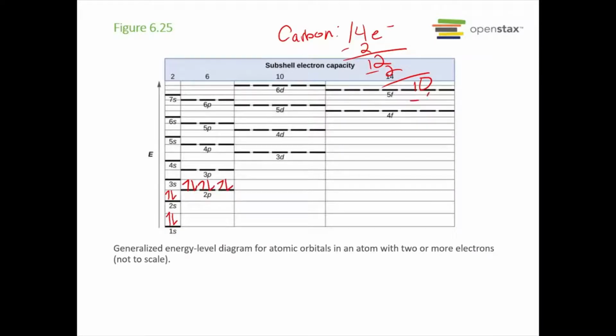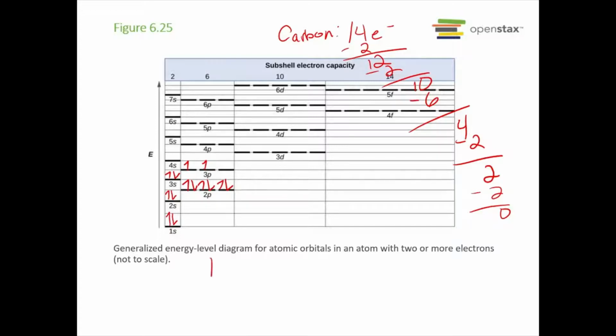So there are 6 electrons in 2p, and now we have 4 left. We move up to the 3s shell: 1, 2. Now we have 2 electrons left, so those go in the 3p, and we're done with our electrons. The next part is to write our actual configuration.